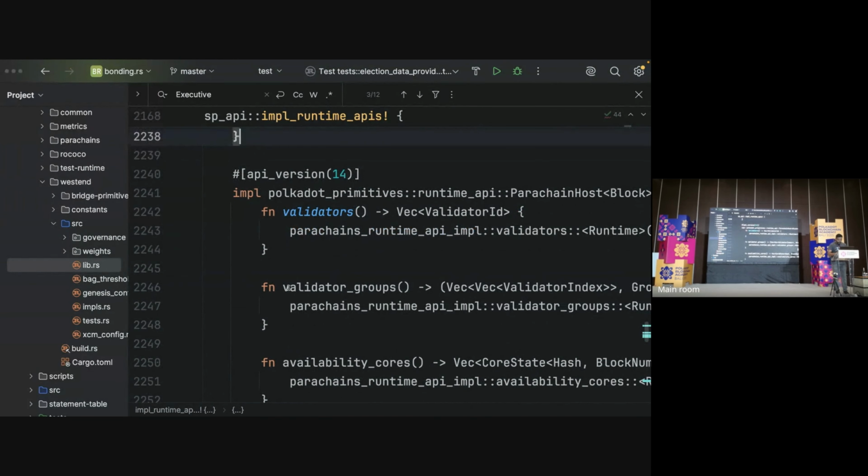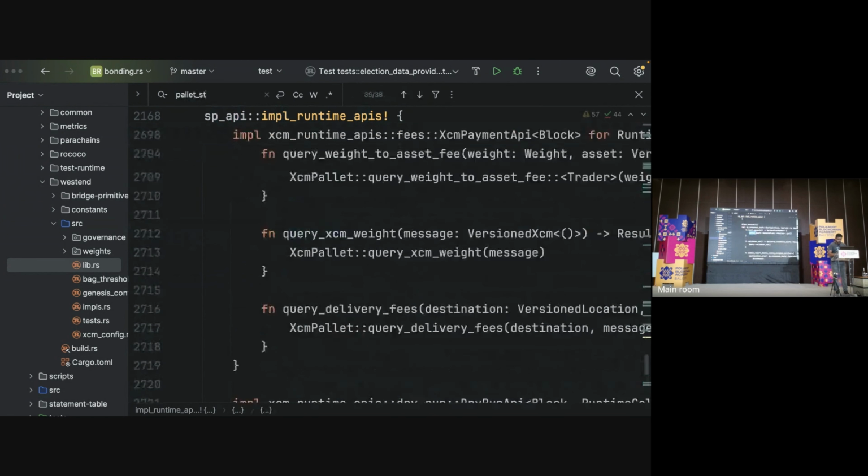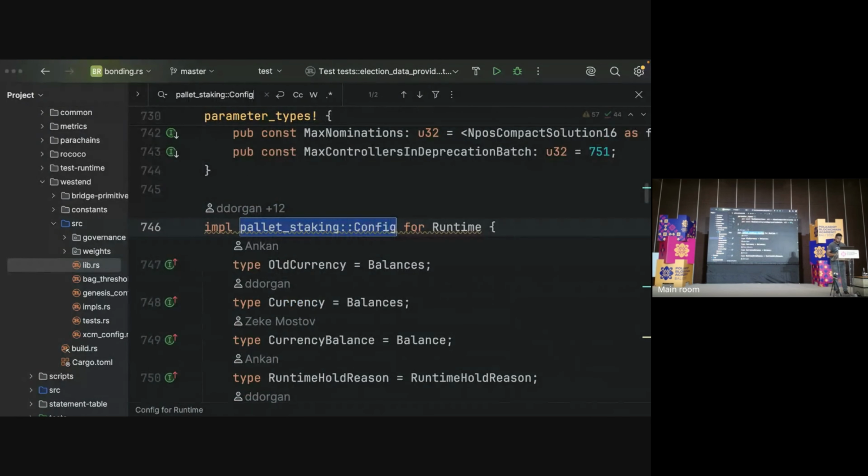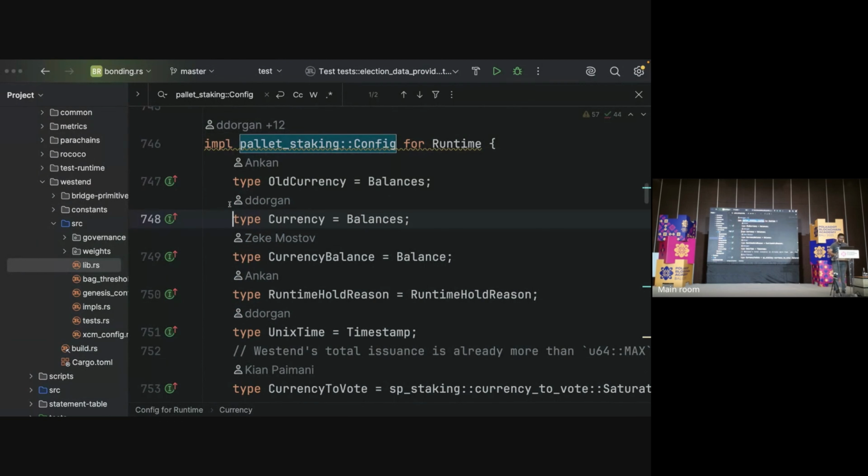Okay, what I wanted to show you, yeah. Let's look at the config of pallet staking from the runtime, what we are setting there. You can ignore the old currency, for some weird reasons. But type Currency, we are providing an implementation of the traits it wants.